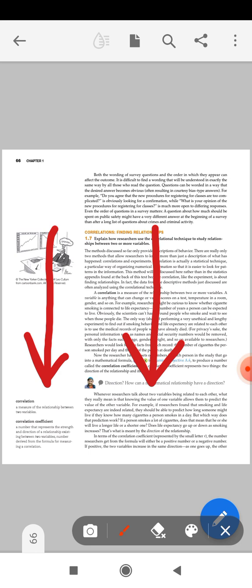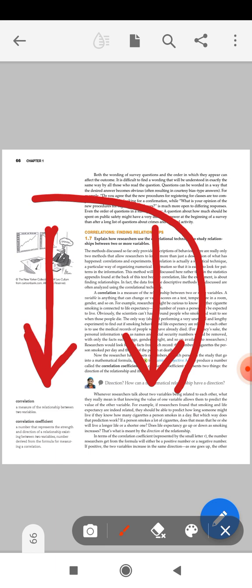Why? Because here we are not looking at less or more. We are looking at the direction: if one variable is going down, the other is following it. That's what positive correlation means.